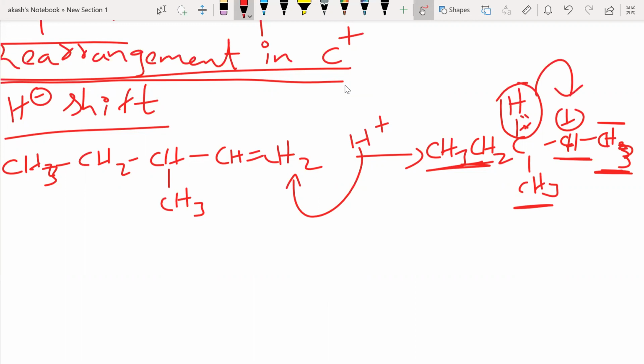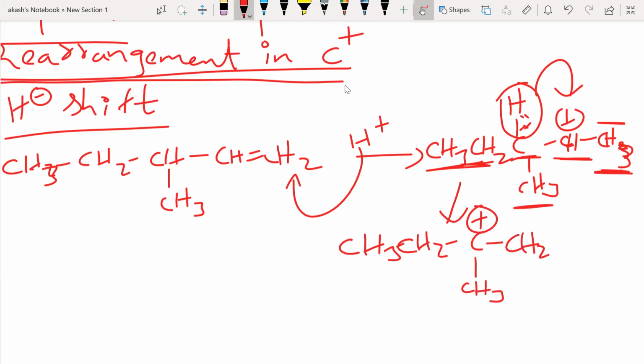So H minus, carbon plus, it is neutralized, but this carbon has lost an electron. So I'm going to have CH3, CH2, C. Now there is a hydrogen loss, so the plus will come: CH3, CH2, CH3.